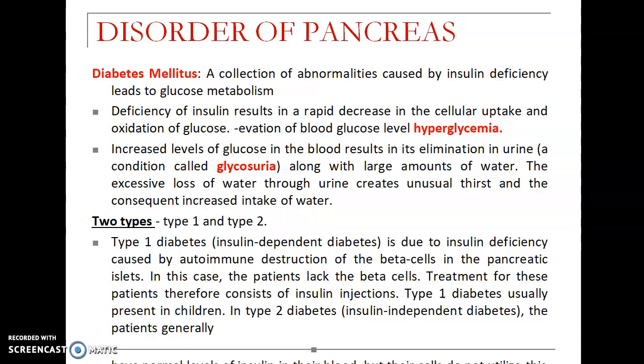Whereas in case of type 2, it is insulin independent diabetes, and the patient generally has normal levels of insulin, but the cells do not utilize it. Just imagine, the beta cell is there, normal insulin is there, but the cell is not able to utilize the insulin. So the net effect is improper utilization of glucose.